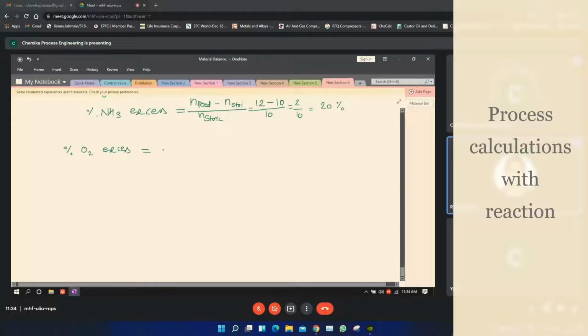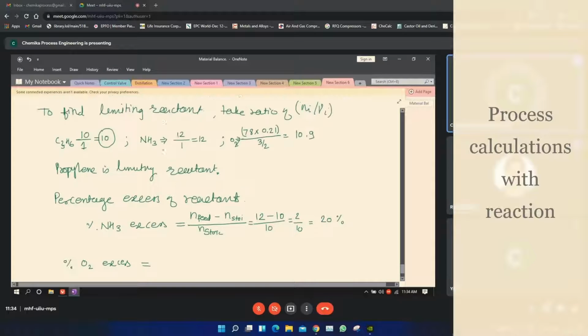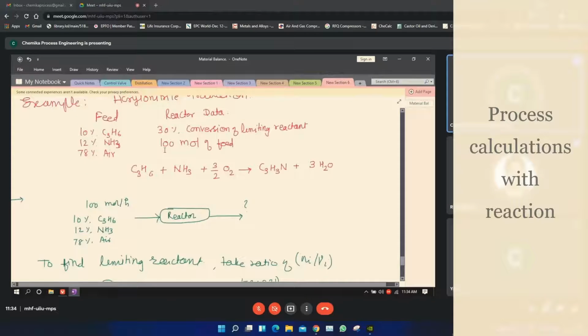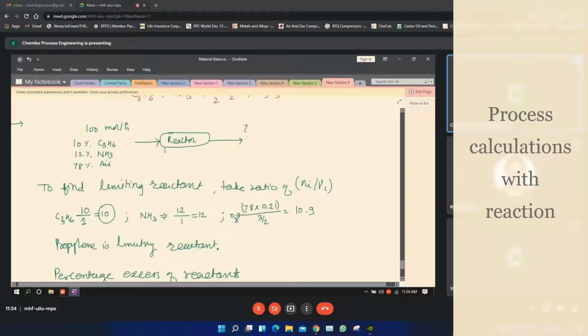No, not in terms of percentage. Ammonia quantity, how much will it be? 100 multiplied by 10 percent will be 10 moles of propylene, right?